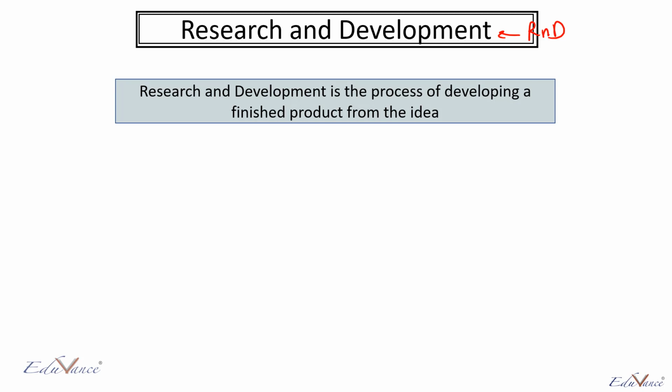So R&D is the process of developing a finished product from the idea. Correct? Now please do not confuse this finished product as a finished business, because business is different from product. R&D means you take an idea and you convert it into a product.